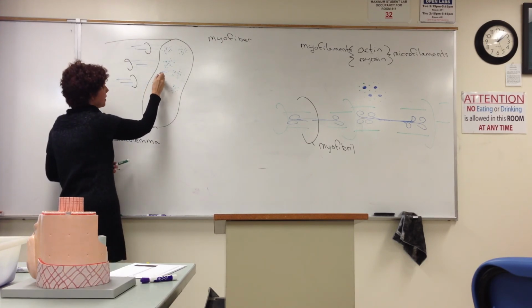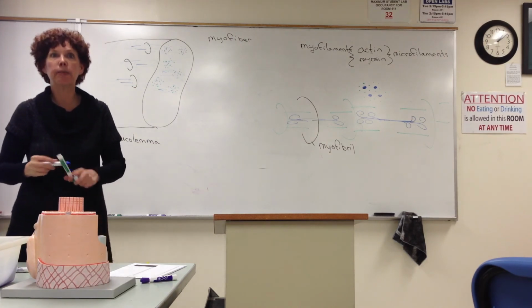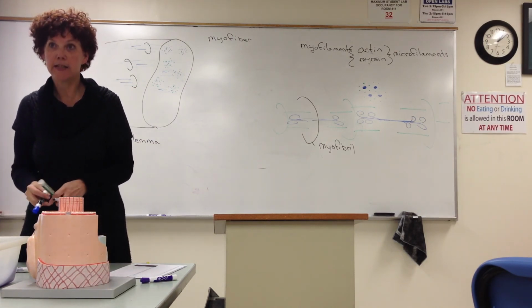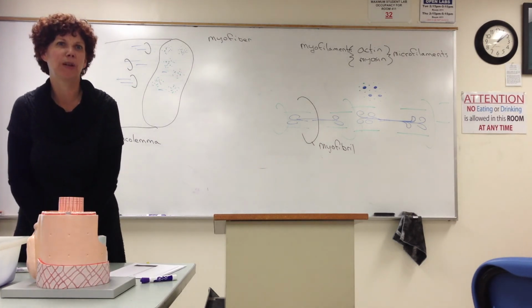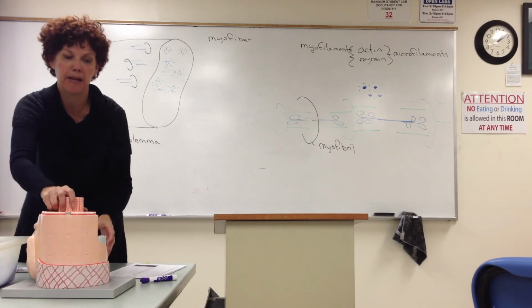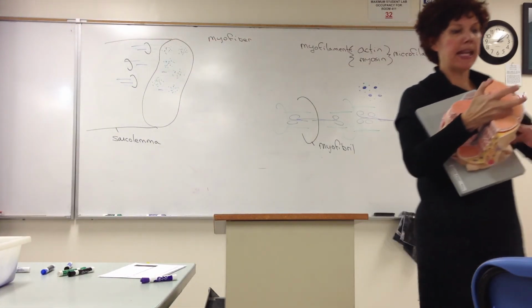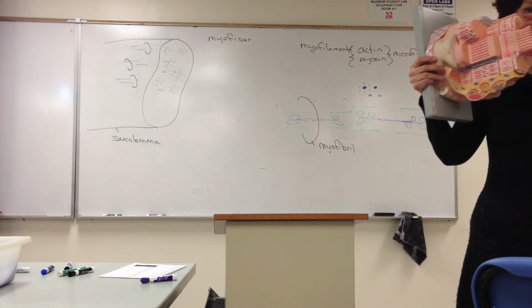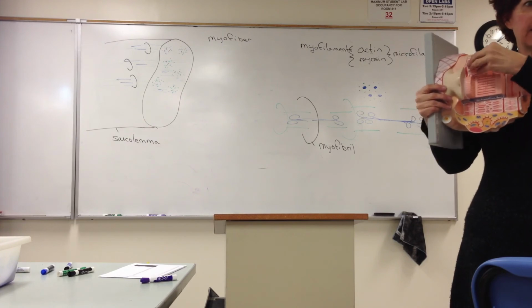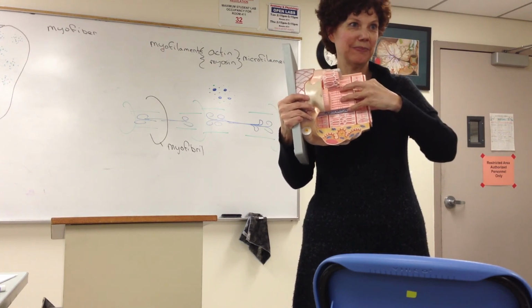I hesitate to draw a circle around that because there's no membrane actually around it completely enclosing it. It is associated with membrane sacs, but it's not like a lysosome or a mitochondria where it's completely surrounded by a membrane. So back to this model. Here would be a whole bunch of actin and myosin. Here's another one, and another one, and another one. Each of these is a myofibril.